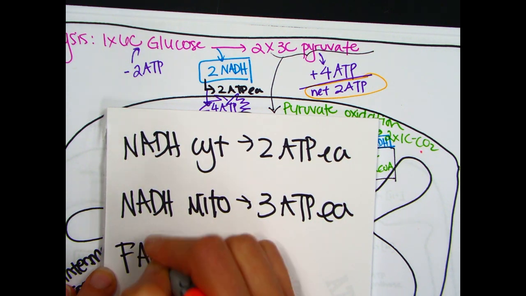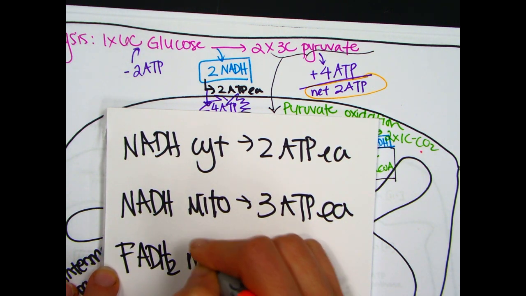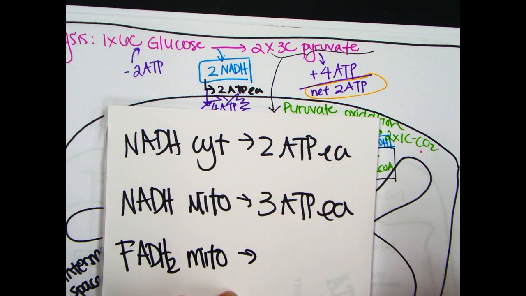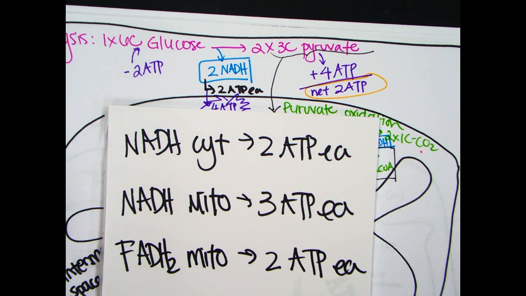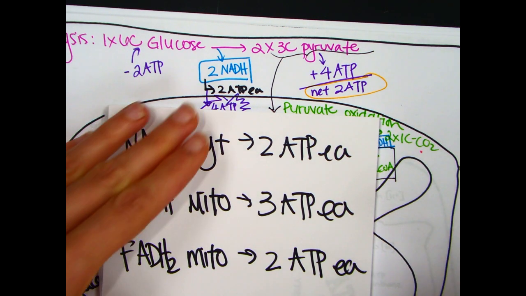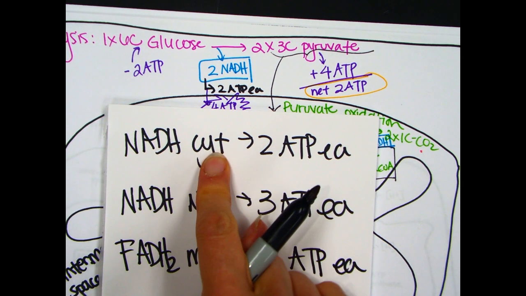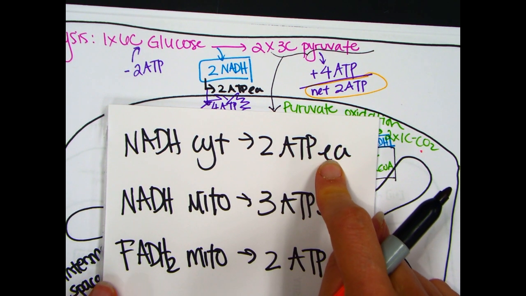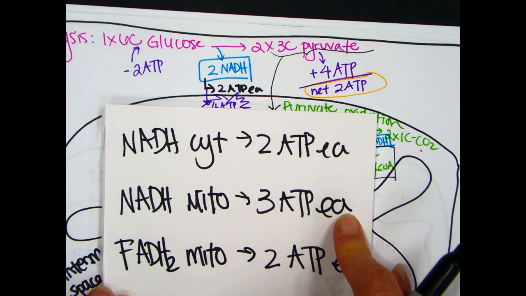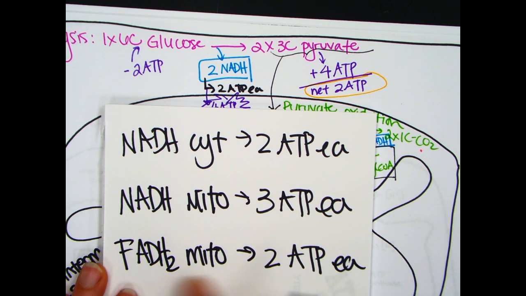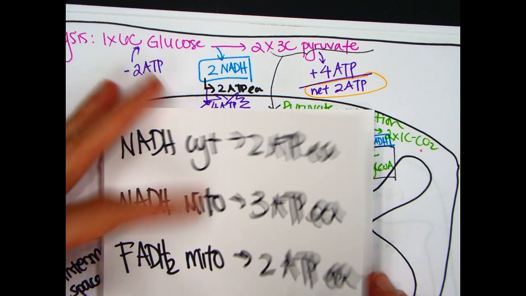And then the FADH2, which is only produced in the mitochondria, gives enough energy to produce 2 ATPs. So Dr. Knight is going to want you guys to know this conversion, and this is what it is. Cytoplasmic NADH, 2 ATPs each. Mitochondrial NADH, 3 ATPs each. And mitochondrial FADH2 is 2 ATPs.